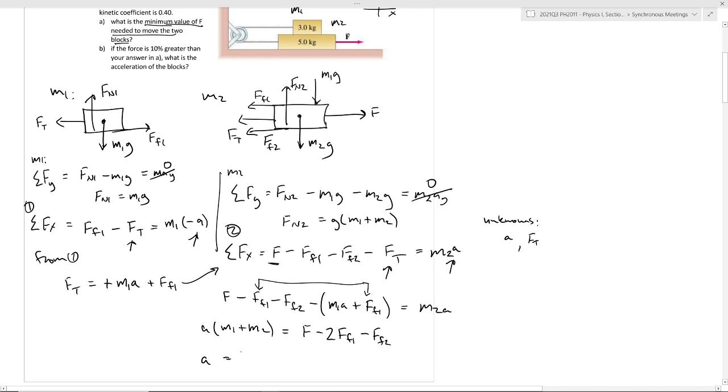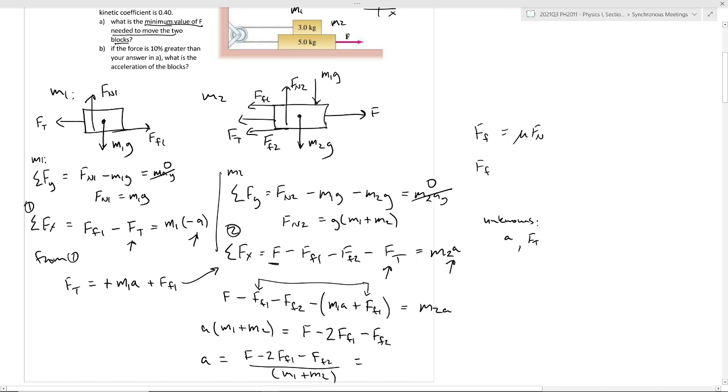The acceleration is equal to F minus 2ff1 minus ff2 over m1 plus m2. Now we can put in what the force of friction is equal to. So recall that the force of friction in general is equal to the normal force times the coefficient of friction.